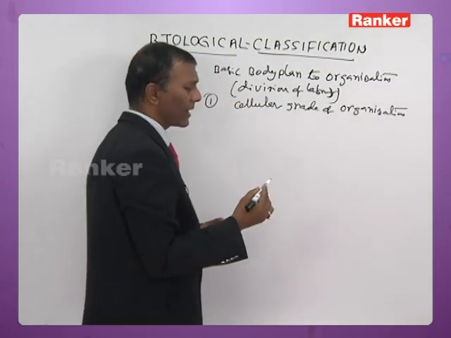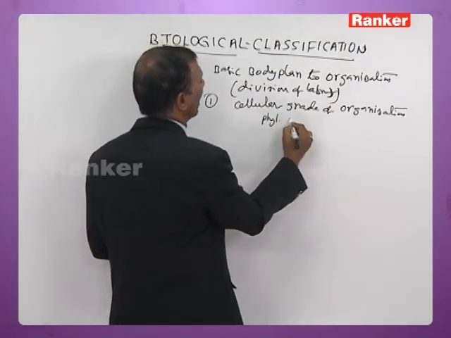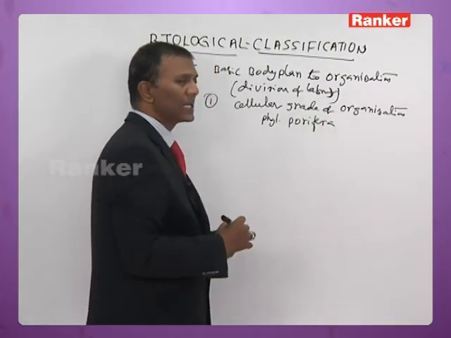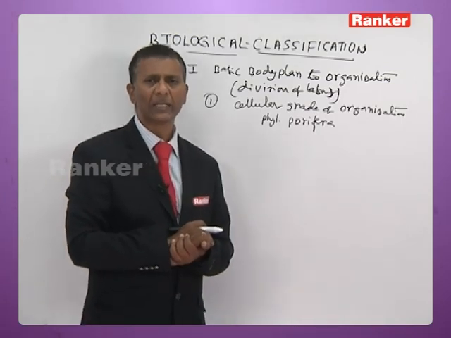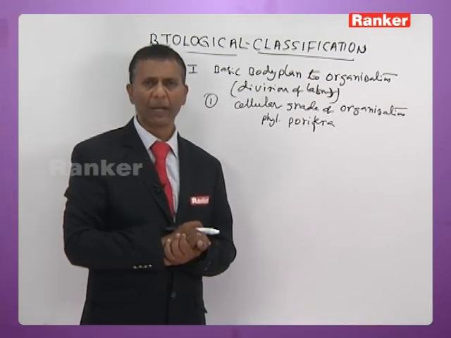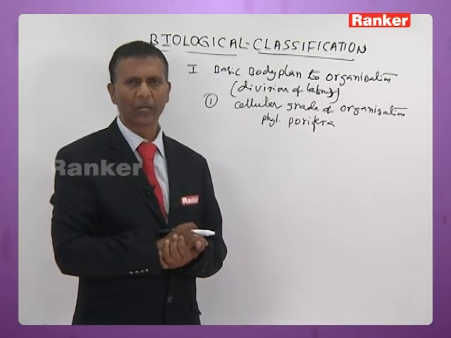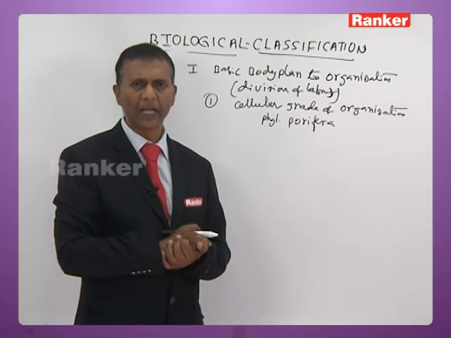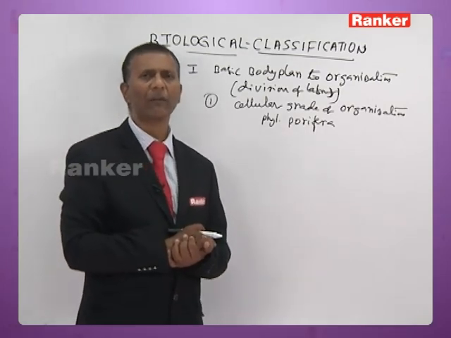The cellular grade of organization is noticed in poriferans, phylum Porifera, where the cells are loosely arranged without any coordination, and cells are entrusted with different functions. Like choanocytes, they are meant for maintaining the water currents in the body cavity. They even bring about partial digestion of food. Then they even help in carrying the gametes. Like that, the cellular grade of organization is noticed in Porifera.